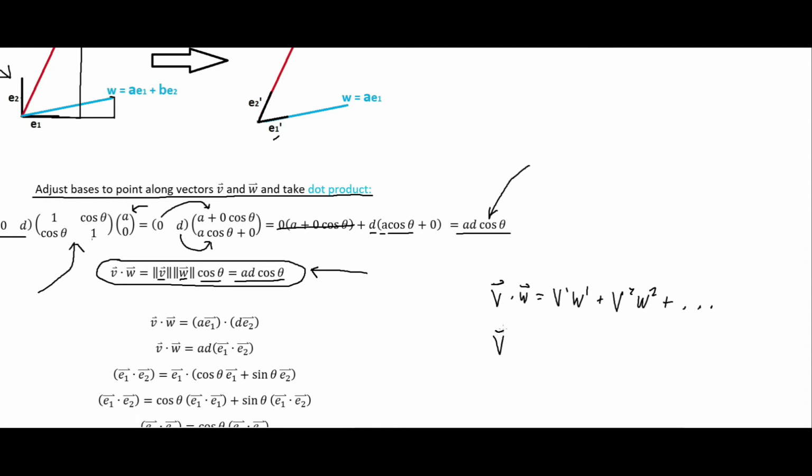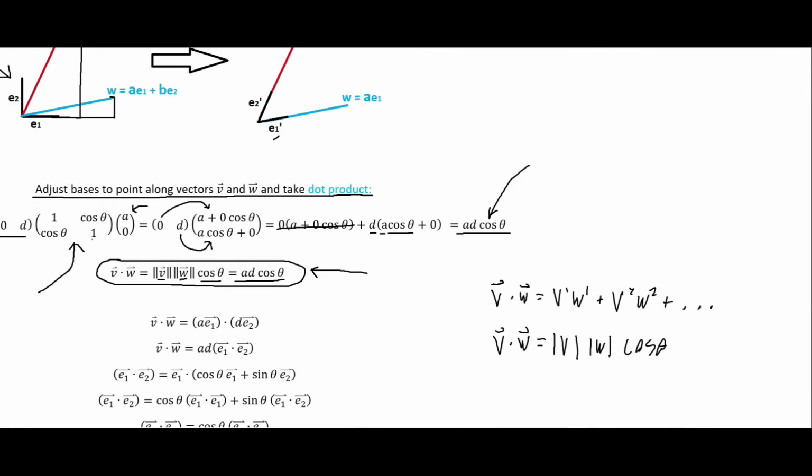And so this other version is v dot w equal to the magnitude of v times the magnitude of w times the cosine of the angle between them.